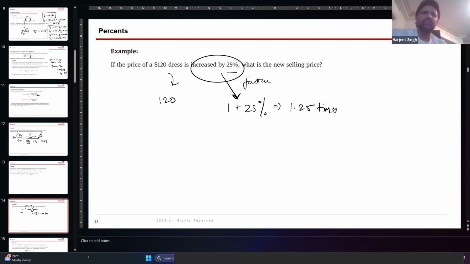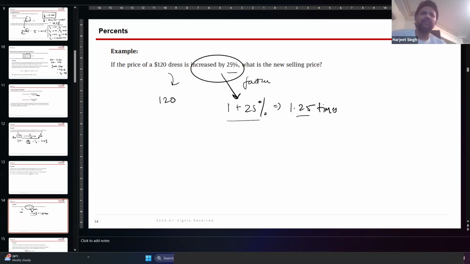Any increase or decrease problem needs to be set up like a factor. The original price needs to be multiplied by a factor, which is either an increment or a decrement, and then you get the new value. So here it increased by 25%, which means it increased by 1.25 times. Why did I write this?